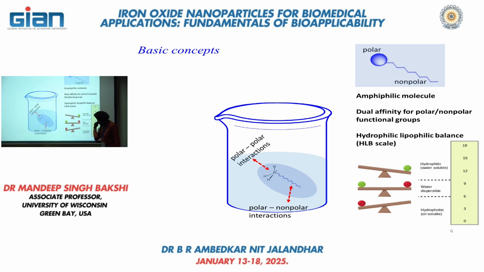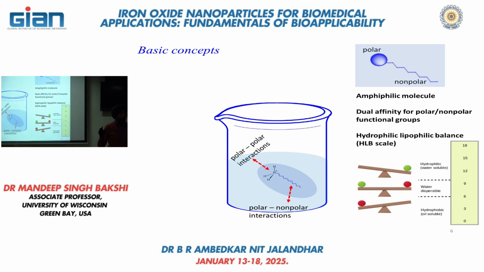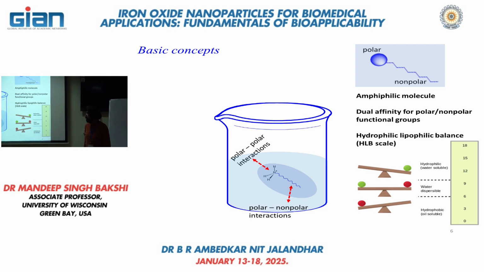Now, what if we have a delicate balance between the polar-polar and non-polar interaction? Then the HLB number is somewhere over here, 7, 8, 9. When the HLB number of a molecule is close to 7, 8, 9, then the molecule is going to adsorb at the interface, air-water. It prefers to adsorb at the interface.